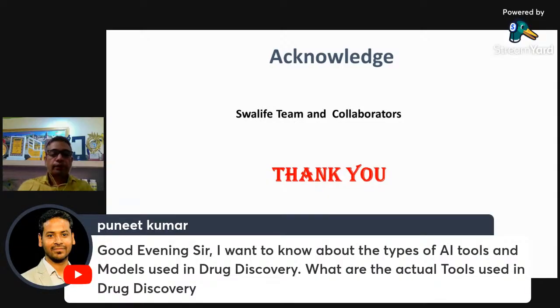Okay, so as I mentioned in the start, I'm going to show some of our tools. But here, Punit has asked a question that he wants to know about types of AI tools and models used in drug discovery. Definitely, as I mentioned, there are many tools available which can be utilized in drug discovery.